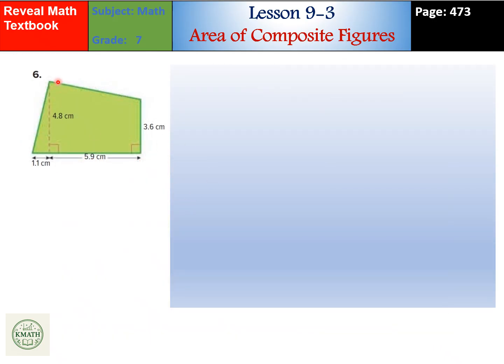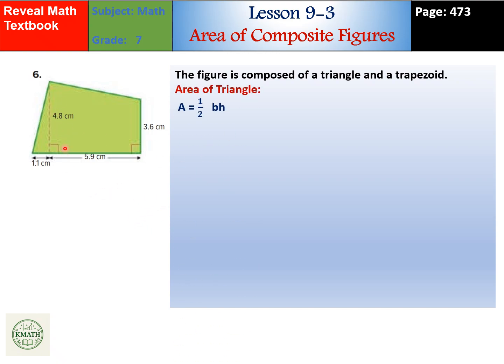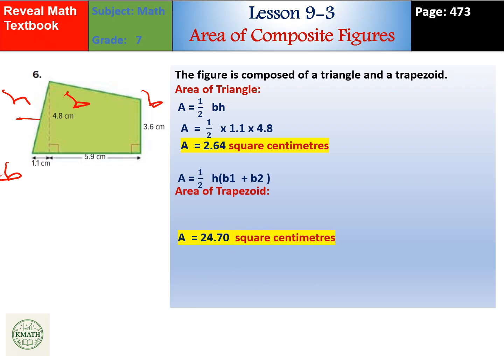Look at this picture, you can see there is a small triangle attached to a trapezoid. For the triangle, this is the base and this one is the height. Base times height divided by 2 will give you 2.64. Now for the trapezoid, this is base 1 and this is base 2, and this one is the height of the trapezoid.